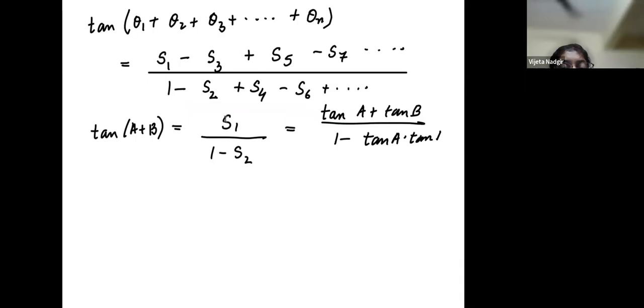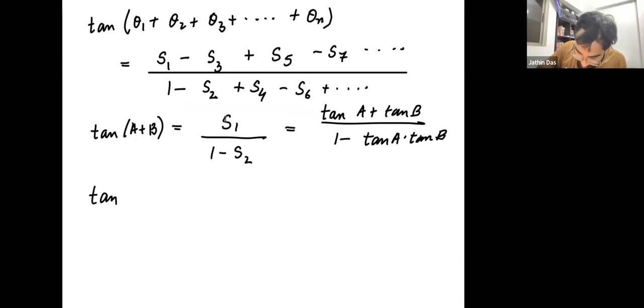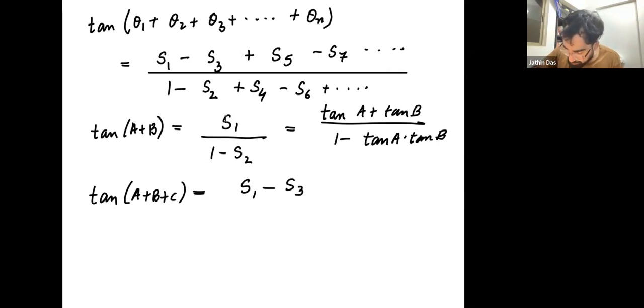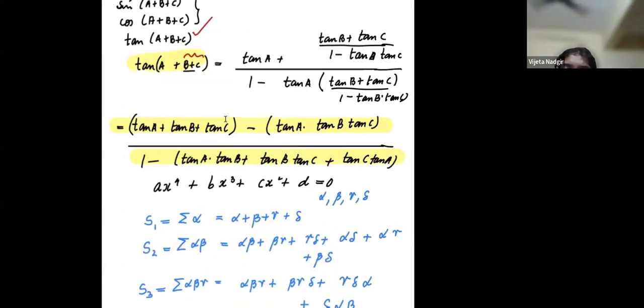This is the formula you have studied. Okay. Now, tan of A plus B plus C kya hoga? So it will be S1 minus S3 by 1 minus S2. Matlab sum of tans minus product of tans, divided by 1 minus sum taken 2 at a time. Yeah.